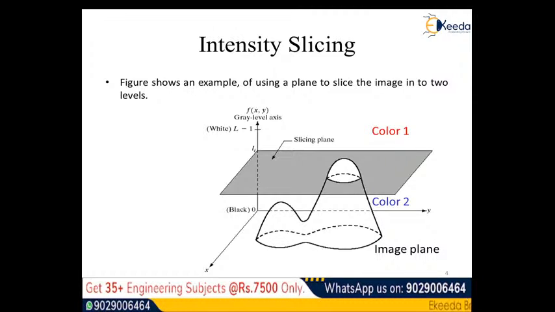The portion of the image information that lies above this plane will have color 1 assigned, whereas the portion lying below the plane will be assigned a different color. This way we can have pseudo color for further image processing operations, with the help of intensity slicing.